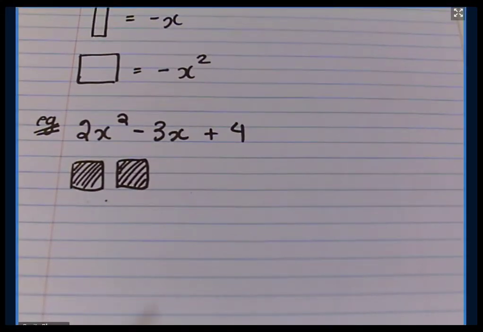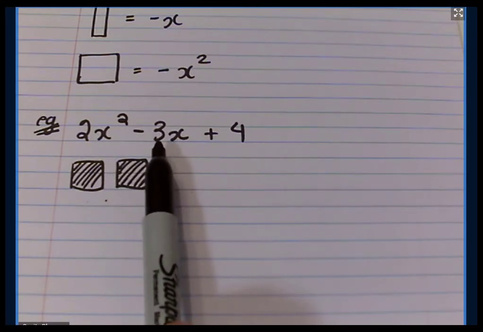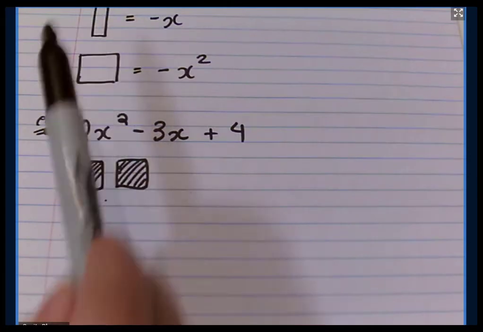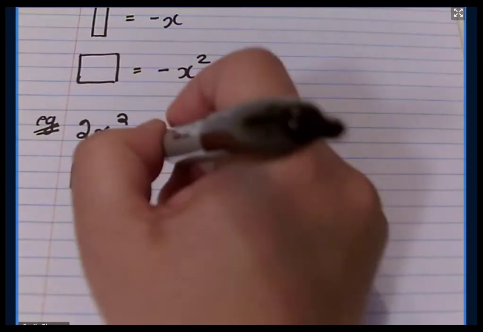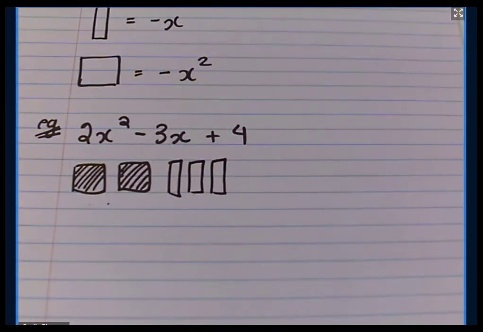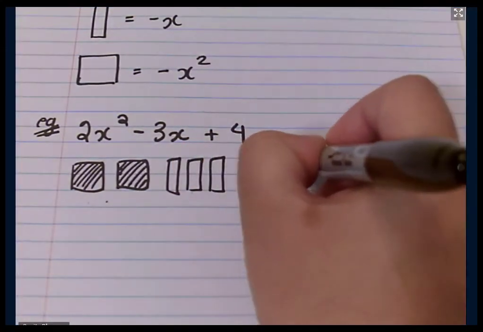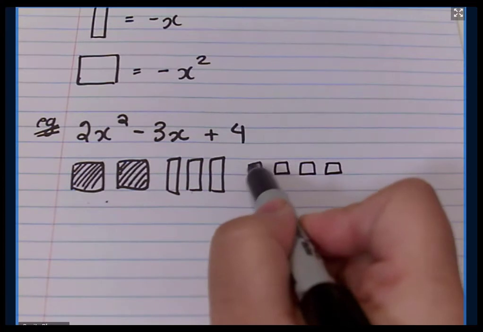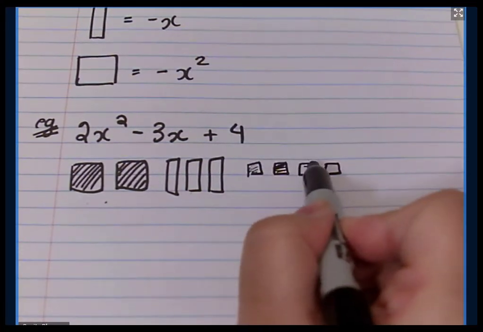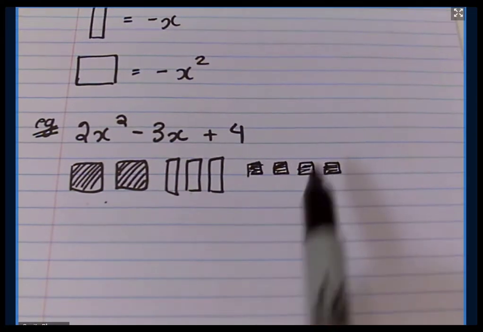All right, next we have negative 3x. That means we have to put 3 negative tiles that represent x, so those rectangular ones, and we have to make sure we don't shade those in because unshaded represents the negative. And lastly, we have a positive 4. So we have to add those little squares to represent that positive 4, and we have to make sure we shade those in because positive 4 is represented by the shaded tiles.